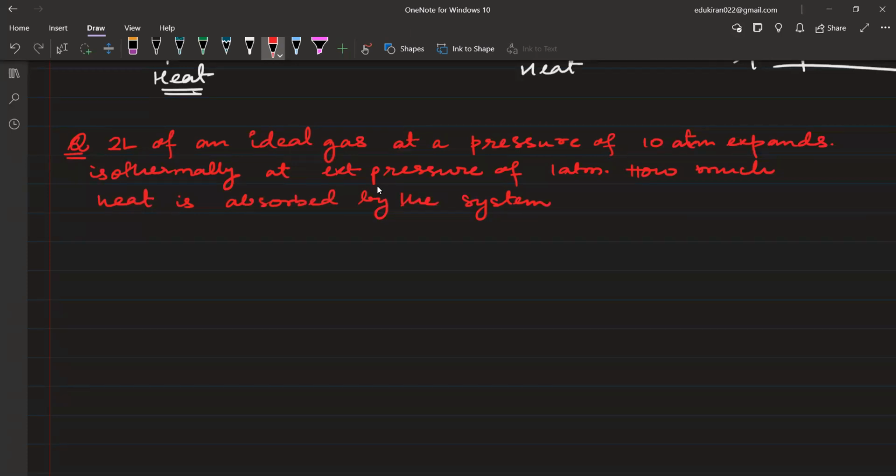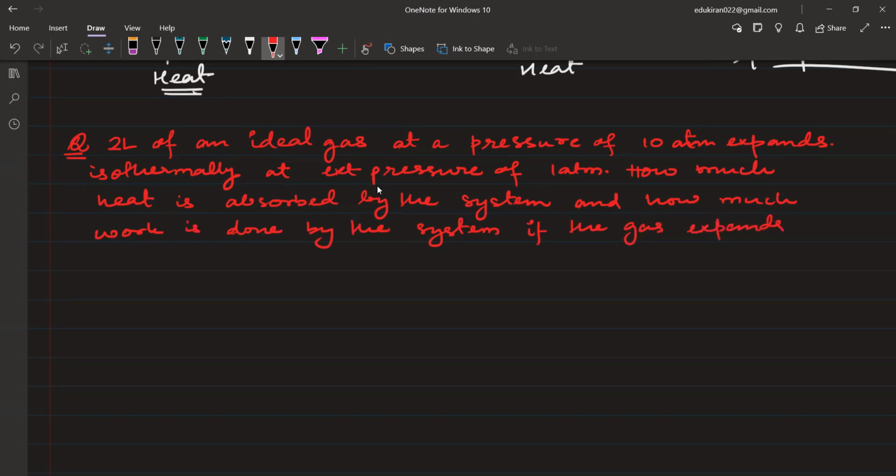How much heat is absorbed by the system, and how much work is done by the system, if the gas expands to 10 liters. You see this question? Now here what is happening?